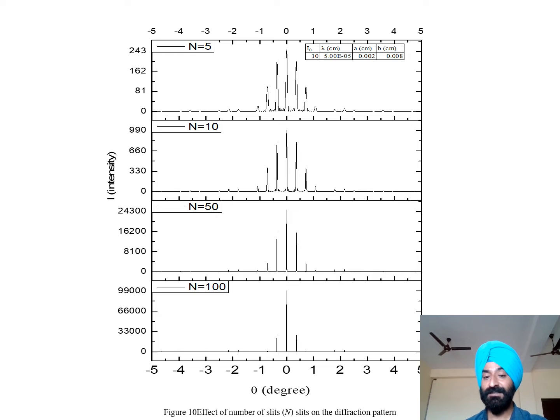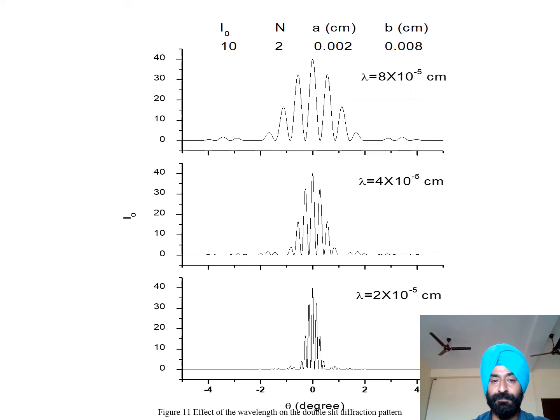N is equal to 100 is almost just like the diffraction pattern that we observe on a diffraction grating. We will get the principal maxima or the central maxima surrounded by the first order, where the second order and other order intensities are almost negligible.